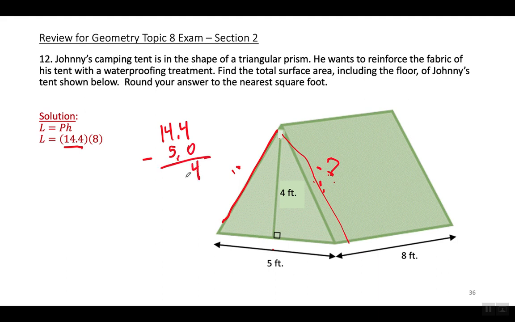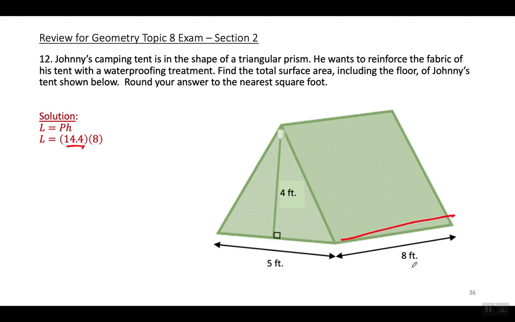You're going to get 9.4, and then divide 9.4 by 2, so it's going to be 4.7. This side was 4.7, and this side was 4.7 when I did the Pythagorean theorem. So I added 4.7 plus 4.7 plus 5 to get the perimeter of the base, which is 14.4. And now you multiply that times the height of the triangular prism, which is 8. So the lateral area of the triangular prism is 115.2.